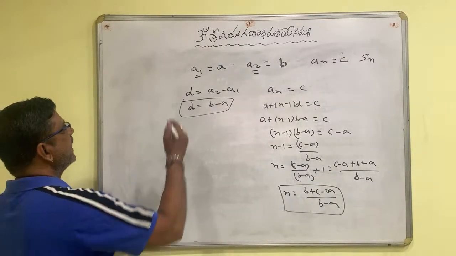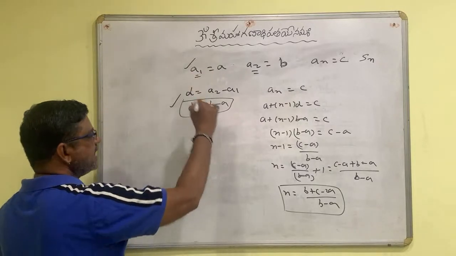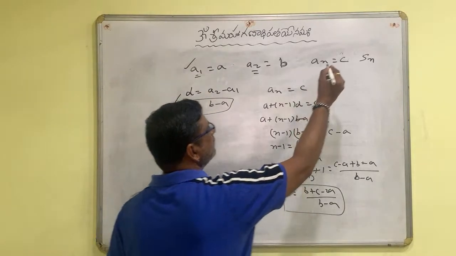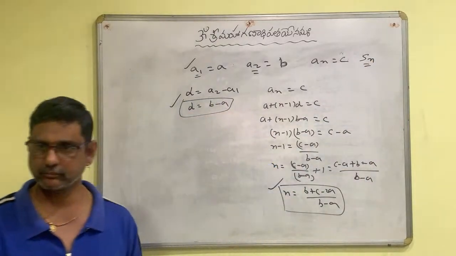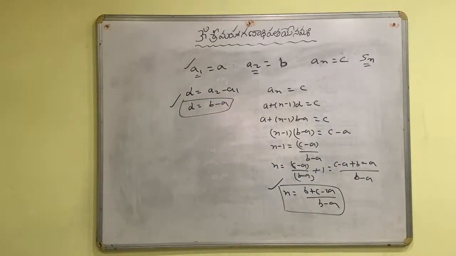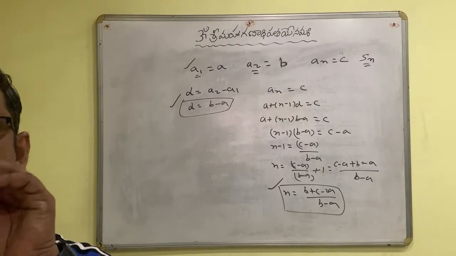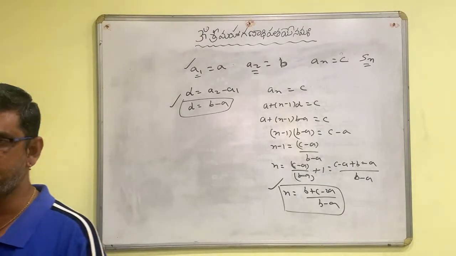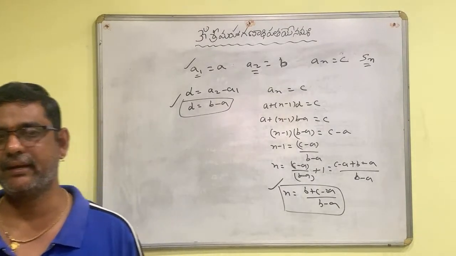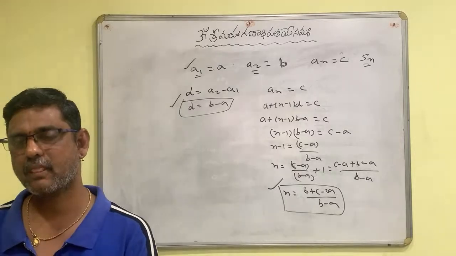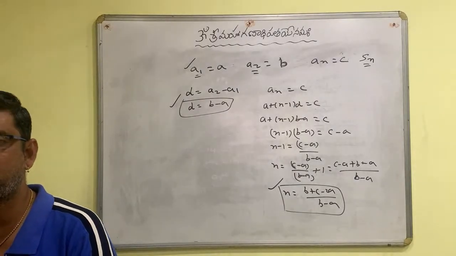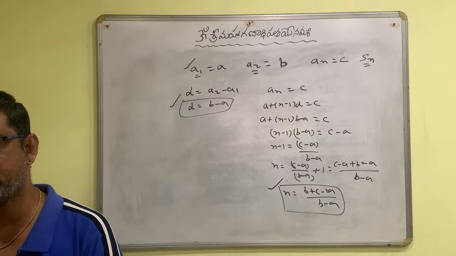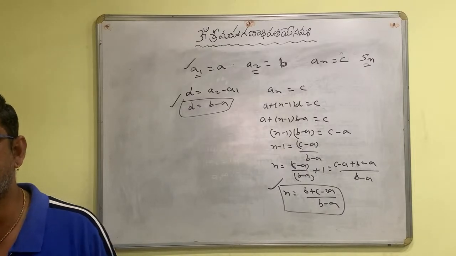We have A, we have D, we have N. Can we find out Sn? Can we find out Sn, children? We got N from AN. So can we find out Sn now?